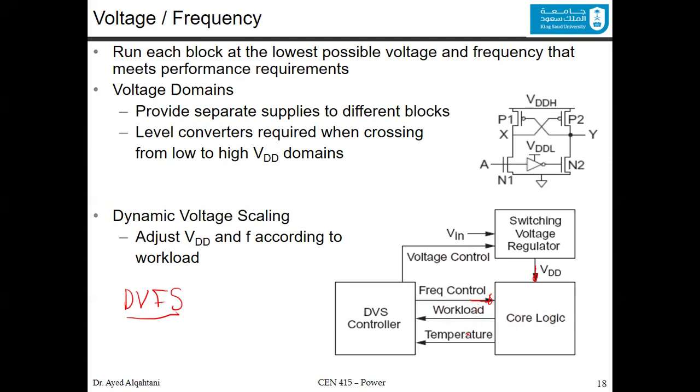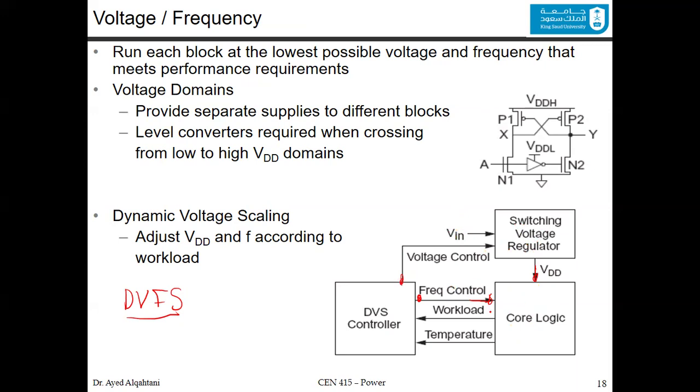If the temperature is exceeding a certain limit and it's getting heated up, you have these feedbacks to the DVFS controller, where it decides what should be the next frequency and the next voltage. So it gives you a frequency control and a voltage control, where you have a VDD like 5 volts and a switching voltage regulator where you will have a certain VDD that's maybe exactly 5 volts or lower than that. Maybe 4, maybe 3. It depends on the target that you want.